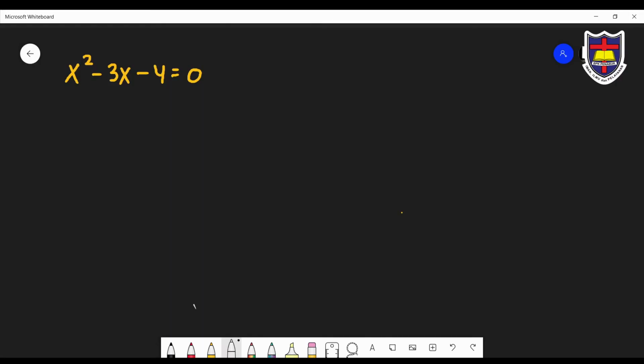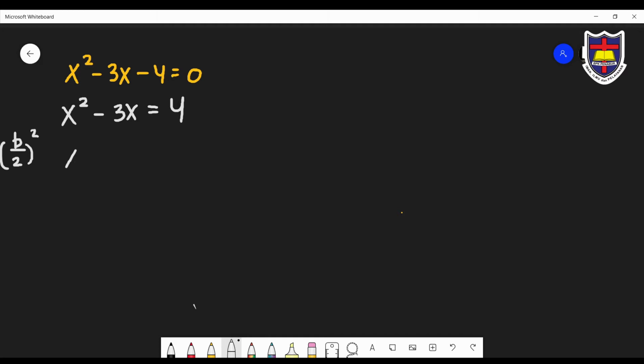Okay, so now we'll see the example. x squared minus 3x minus 4 equals 0. The first thing we must do is write the constant on the right side. So x squared minus 3x equals 4. And then we must add to both sides b over 2 squared.